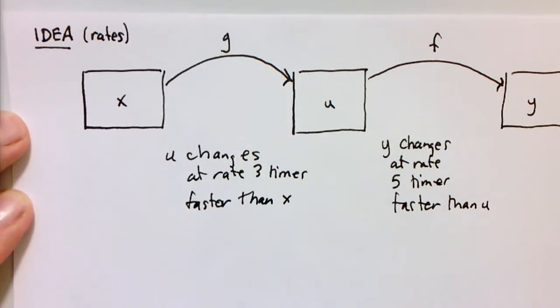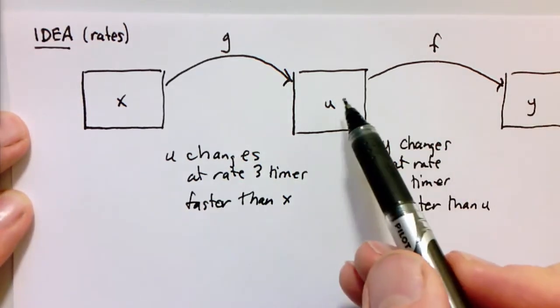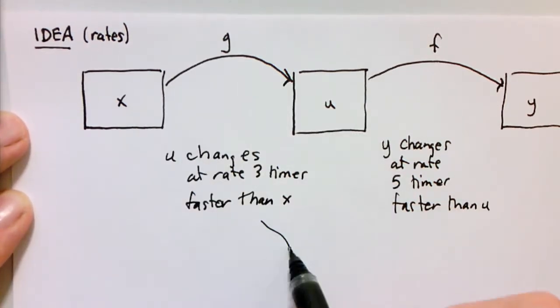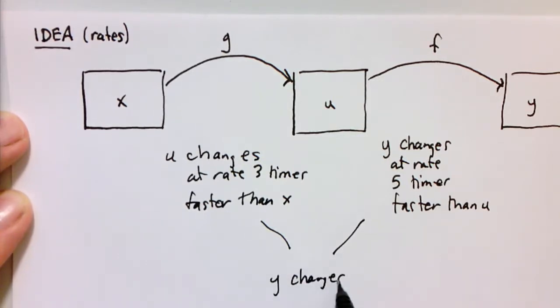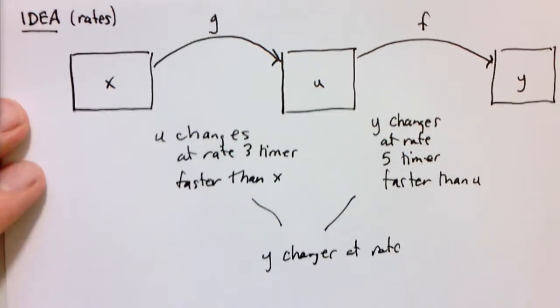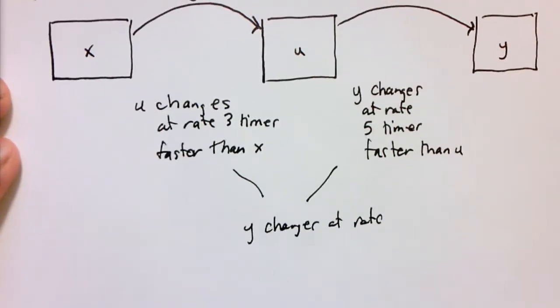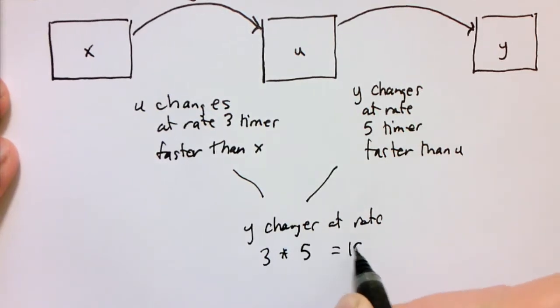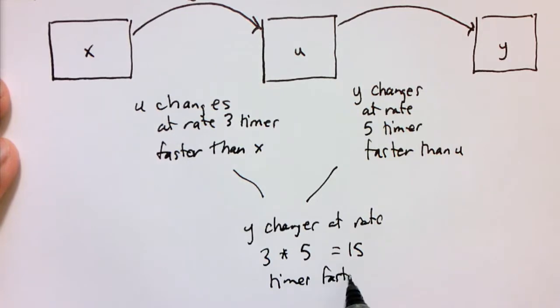Now if I take these together, y is changing 5 times faster than u, which is changing 3 times faster than x. All together, y changes at a rate, I have to take the product of the rates. 3 times 5, which is 15 times faster than x.